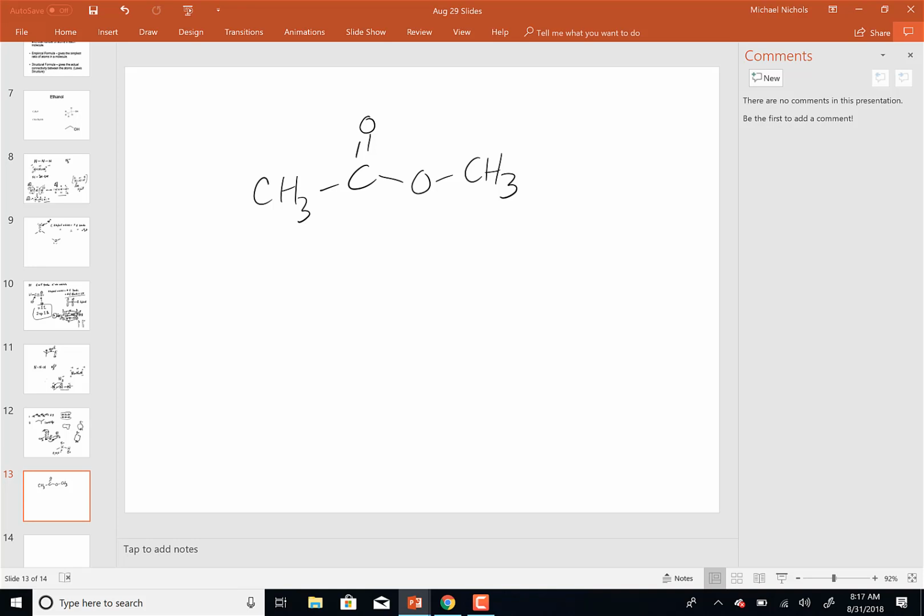Okay. Now, in order for it to hydrogen bond, remember, we have to have the atom directly attached to a hydrogen. So, are there any oxygens that are directly attached to hydrogens? No. So, can this undergo hydrogen bonding? No.